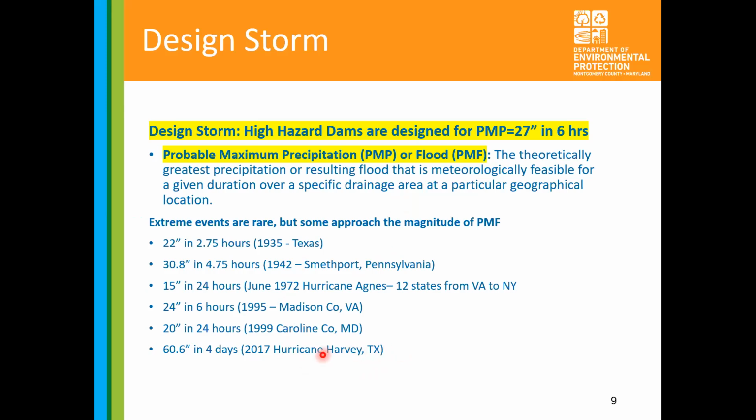Most recent, I guess, was Hurricane Harvey in Texas, where over 60 inches of rain fell in 4 days. Hurricane Agnes from 1972 is considered the storm of record for Maryland, and it was only 15 inches of rain in 24 hours. So a PMF storm would be much larger than Hurricane Agnes, as you can see from this slide.